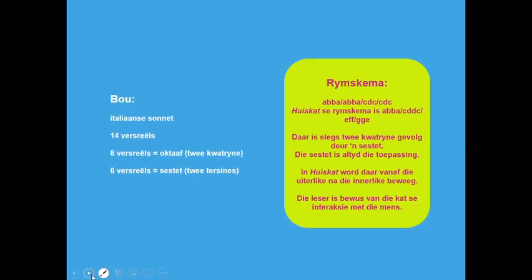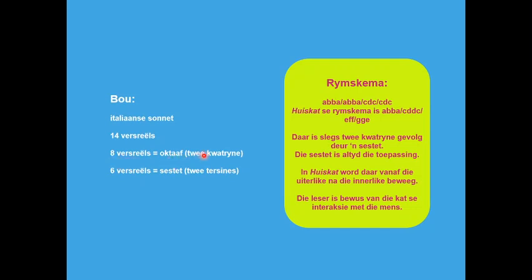Goed, so ons het klaar gepraat oor die bou. Ons het gesê die bou is 'n Italiaanse sonnet, so the structure is that of an Italian sonnet. Bestaan uit 14 versies, which you already know, 8 versies wat ons dan noem die oktaaf, en dan 6 versies wat ons dan nou noem die sestet. In this poem then we have the 8 lines to begin the poem.